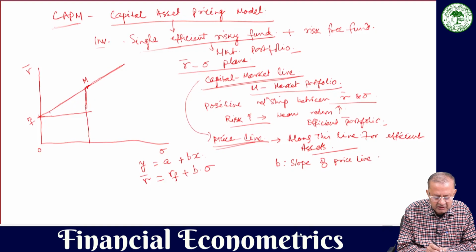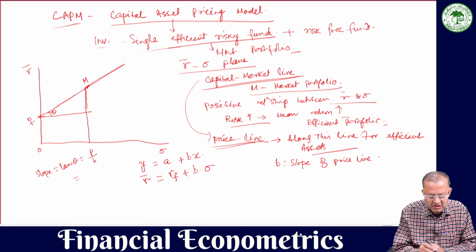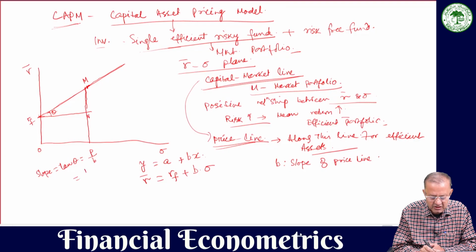The slope is nothing but tan theta. And what is this tan theta? It is equal to perpendicular upon base. So this distance is equal to MN divided by RFN.